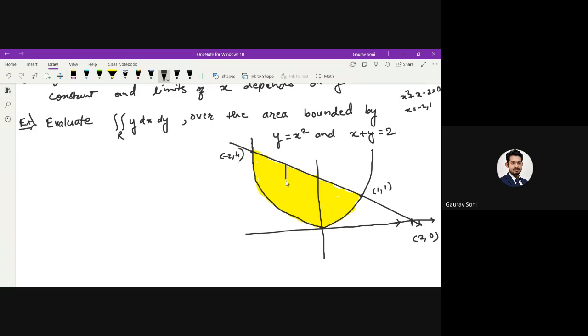Let's take the vertical strip. So I'll write down, consider the strip parallel to y-axis.